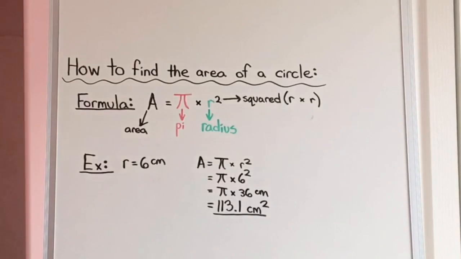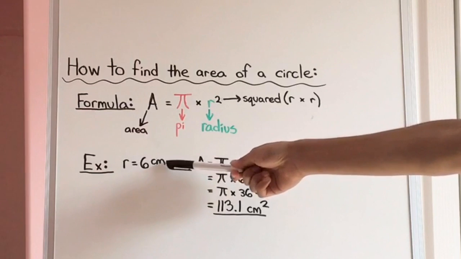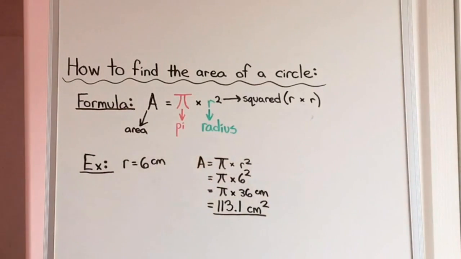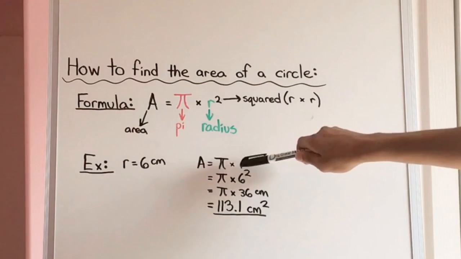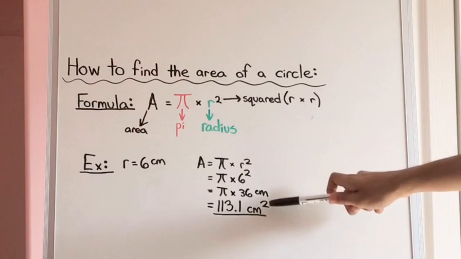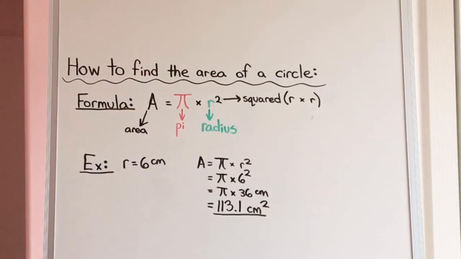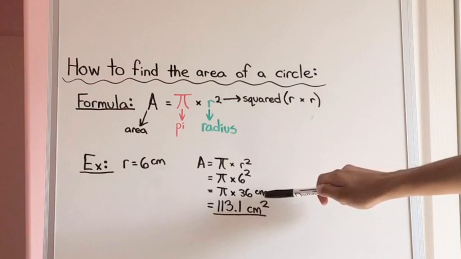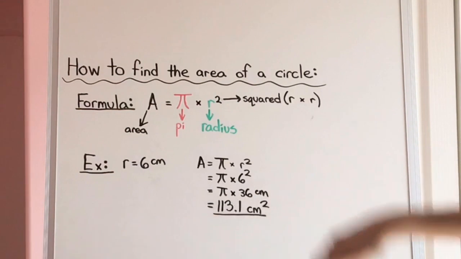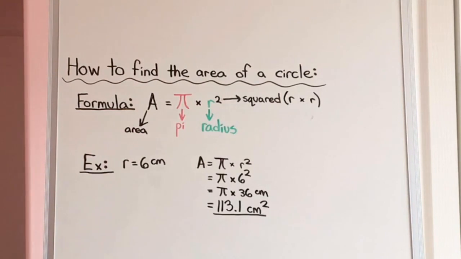In the example, it shows that the radius is 6 centimeters, and after substituting that in our formula, we find that area equals pi times 6 squared. After squaring 6, we get that 6 squared is 36 centimeters. And after multiplying 36 centimeters with pi, we find that the area of the circle is 113.1 centimeters squared.